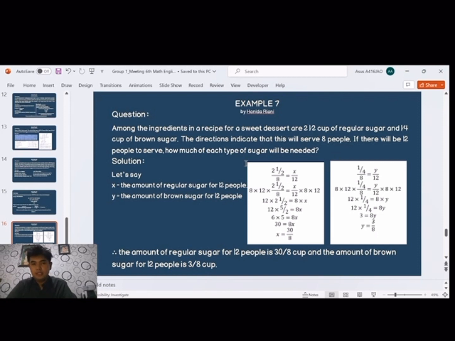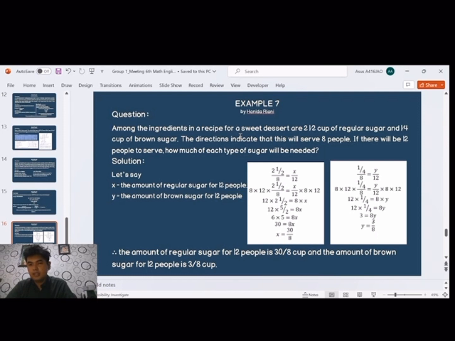So it will be two and a half per 8 equals X per 12. It will be 30 equals 8x. X will be 30/8. So next is Y. A quarter per 8 equals Y per 12.